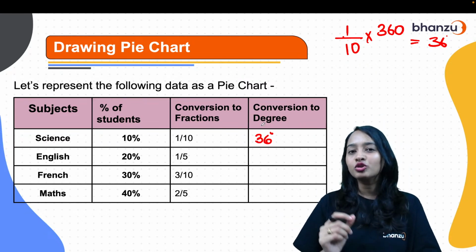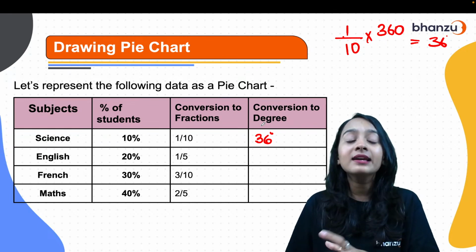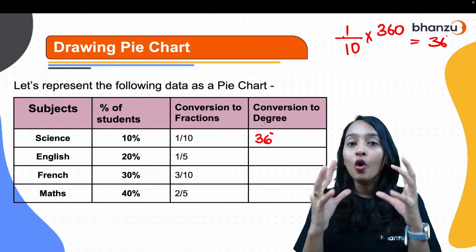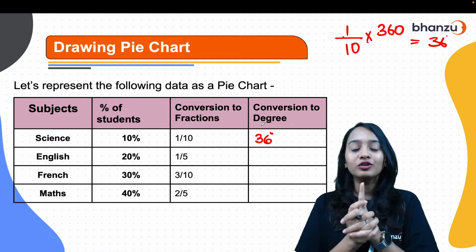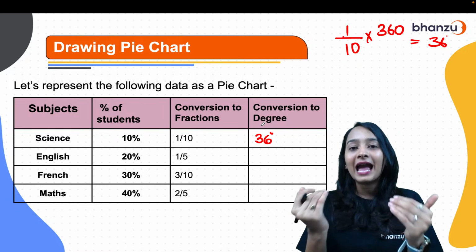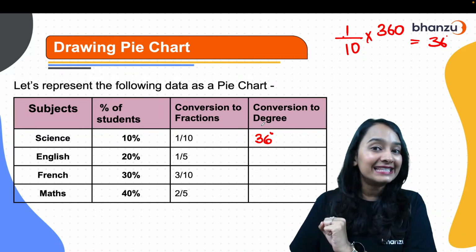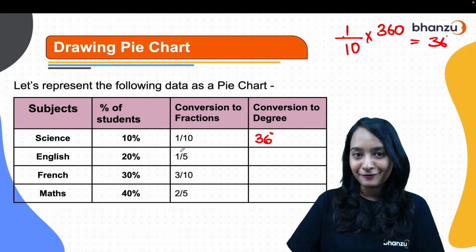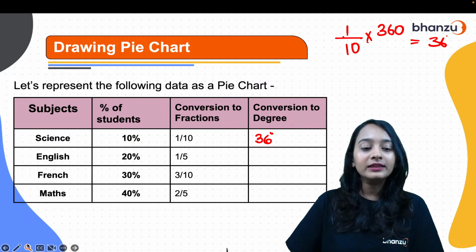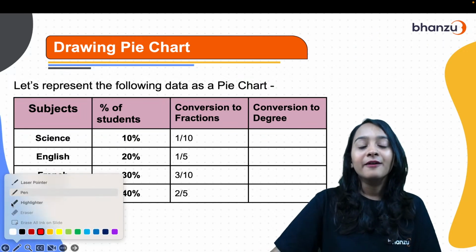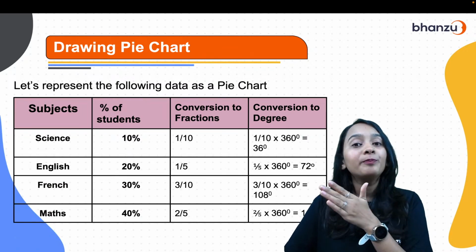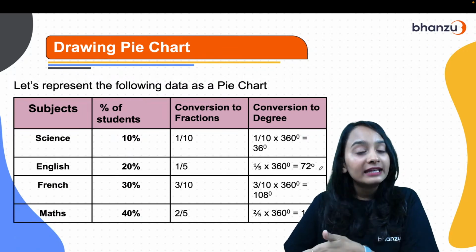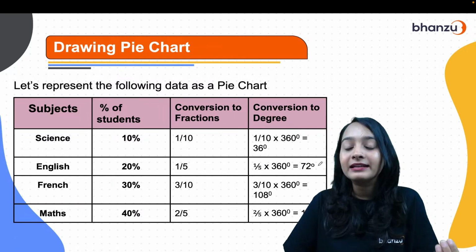What did we just do to convert a fraction to a degree? We multiplied it with the whole. What is the complete whole angle when it comes to the unit of measuring angles? It is 360 degrees. So I have taken the fraction and multiplied it with 360. Similarly, we are going to convert all these fractions into degrees by multiplying with 360.